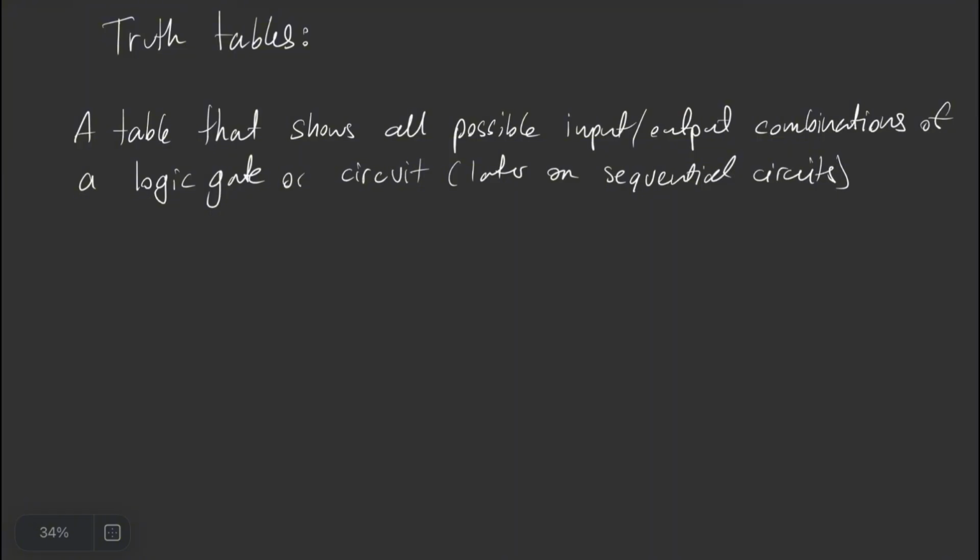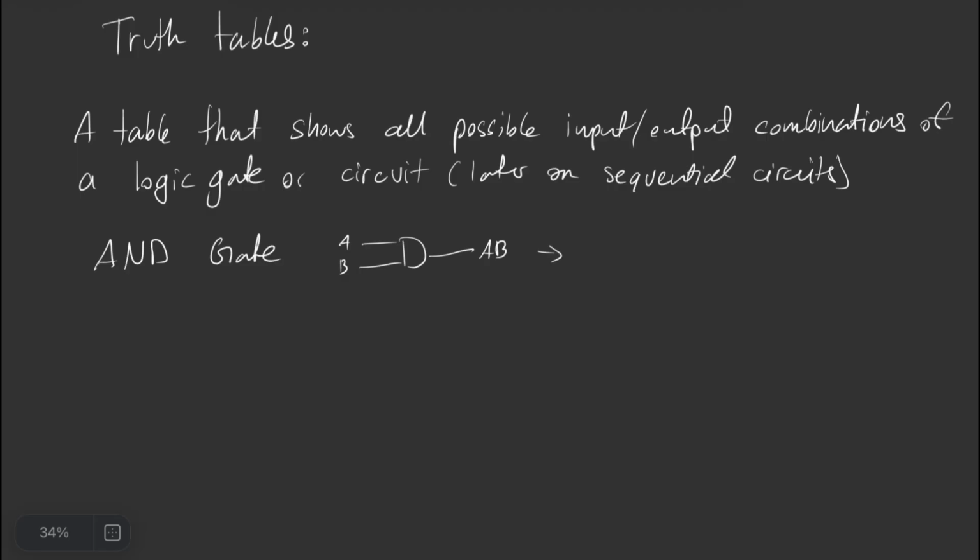Okay? In the case of our AND gate, the way we're going to construct our truth table is with a little help. What we need to consider is our inputs.